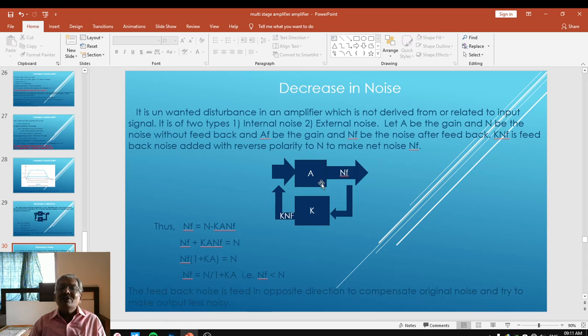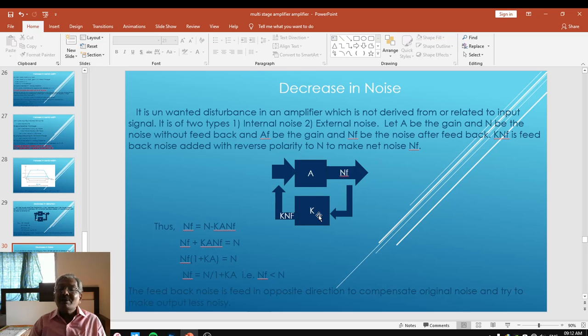Here also there is a basic amplifier with gain A. There is a feedback network with feedback factor K. NF represents the noise after feedback. It will be picked up, sampled by the sampling network and given to the feedback network.